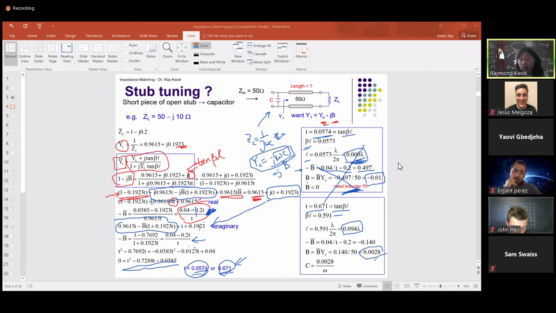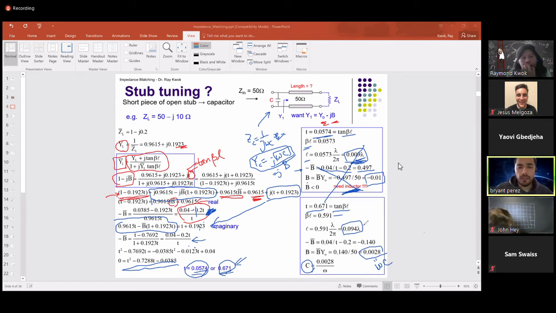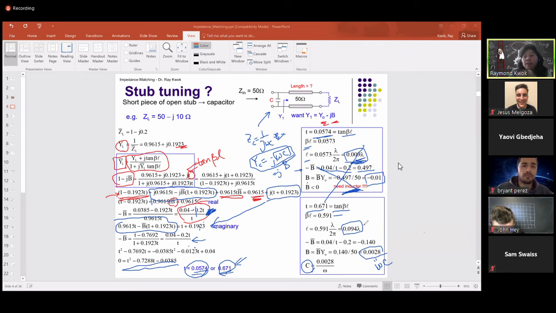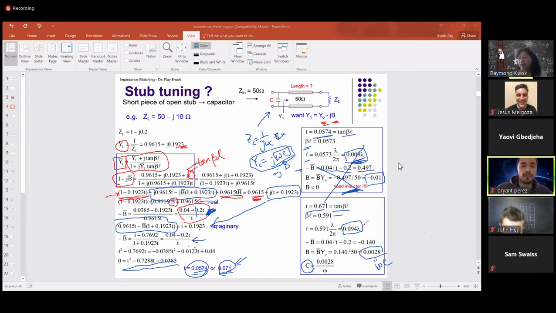And if B is equal to my omega C, I can solve for C. If I know what frequency I'm matching, I can tell you what capacitance you need at that location. But couldn't you still use the top one and just use an inductor somehow? Yes, but that doesn't describe the process the technician is tuning.